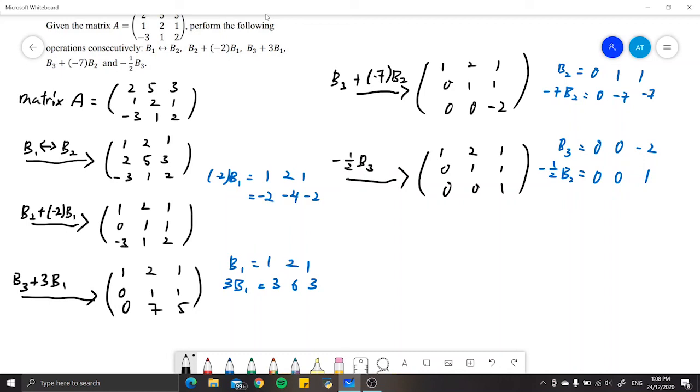And for the last part, if matrix A is transformed to matrix B by using ERO, which is elementary row operation, we can say that matrix A is an equivalent matrix to matrix B. Okay, that's all for me.